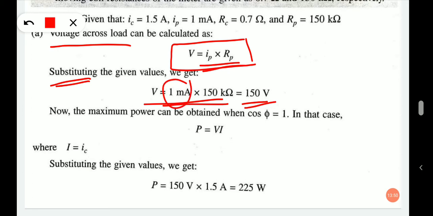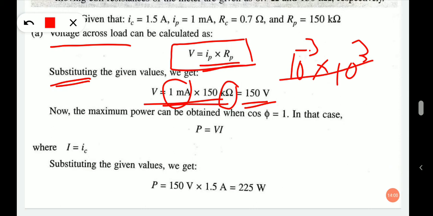For 1 milliampere, 10 raised to minus 3 is there, and for 150 kilo ohm, per kilo it is 10 raised to 3. So there will be multiplication of only the values, 150 into 1, that is 150 volt. Now the maximum power can be obtained when cos phi is 1.